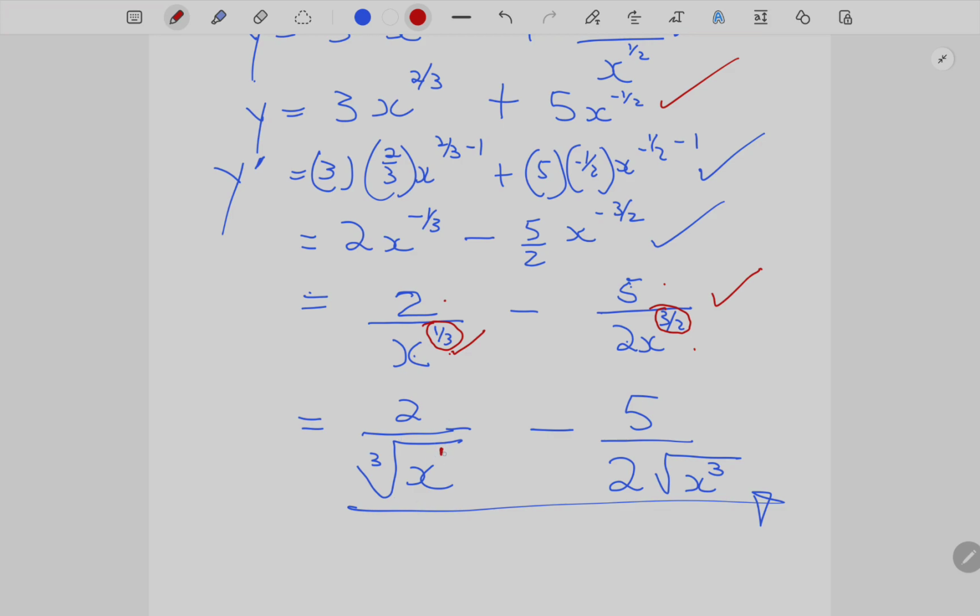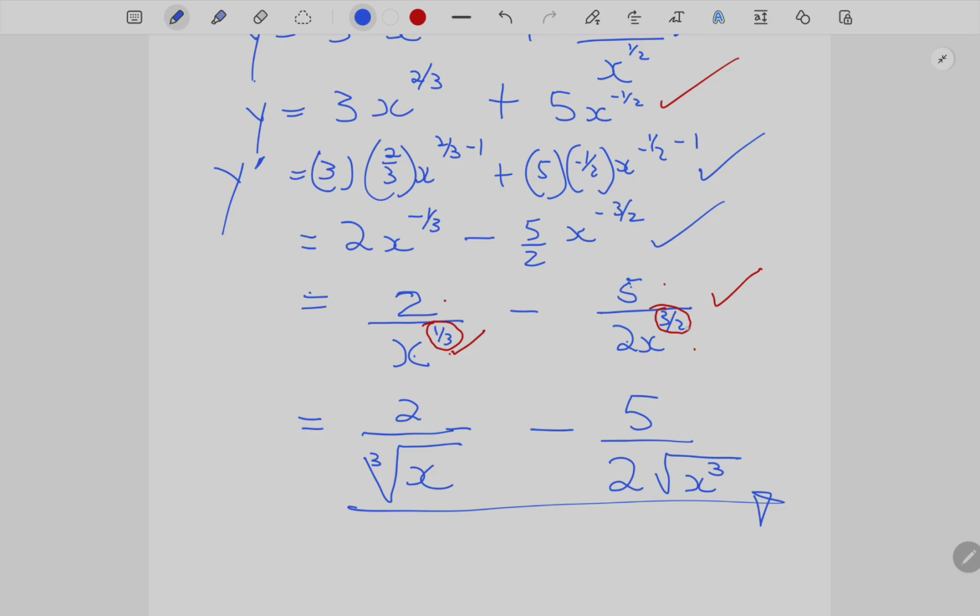It was going to be cube root of x to the power 1, but you don't need to write this one. If you write this one, we won't penalize you, but there is no need, so you can leave it like this without writing 1 there. Minus 5 over 2 square root of x to the power 3.